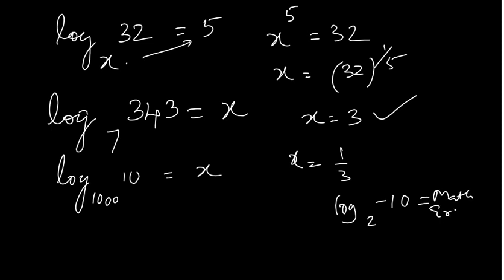Now let's do the other way around. Log 2 to the base minus 10. What do you get? Same, math error. So what do we infer from here? These fellows, the base and the number, cannot be negative. Having confirmed that, let's consider log x to the base 100 is minus 1.